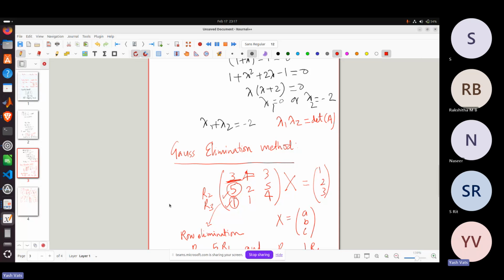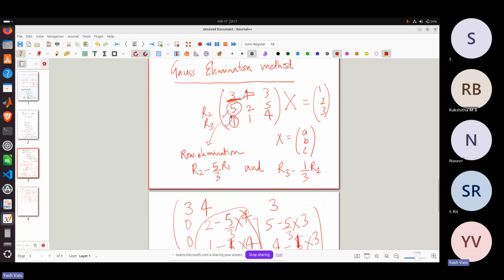So Gauss elimination is a basic method in which you just remove the second and third entries.